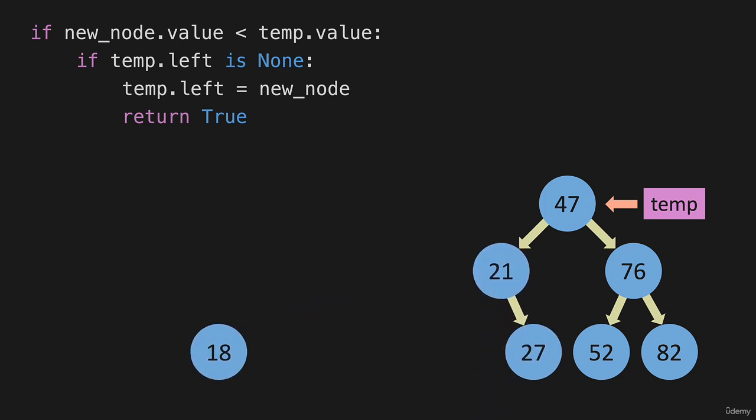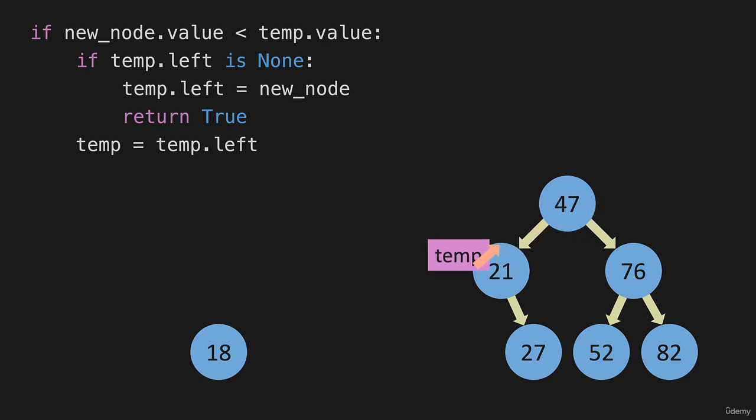If the spot is not open like this, we need to move the temp variable down to point at that 21. So we'll say temp equals temp.left, and it moves temp down. And remember, this is all inside of this while loop, so now we're going to run through all of this again.